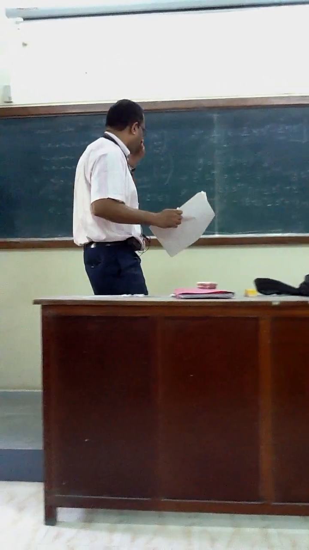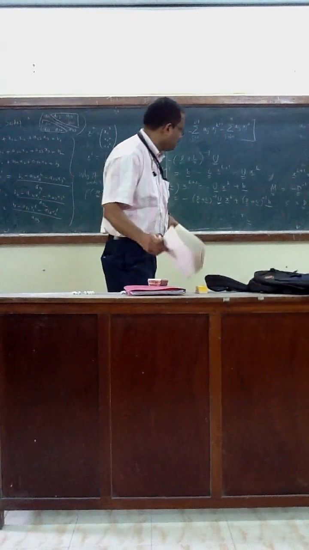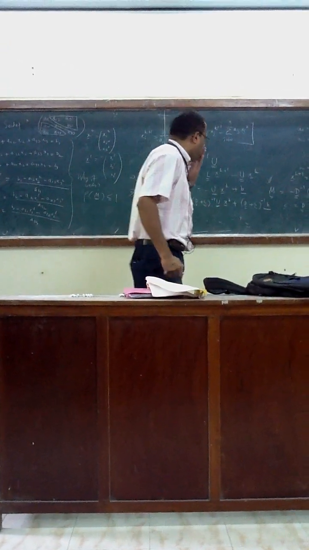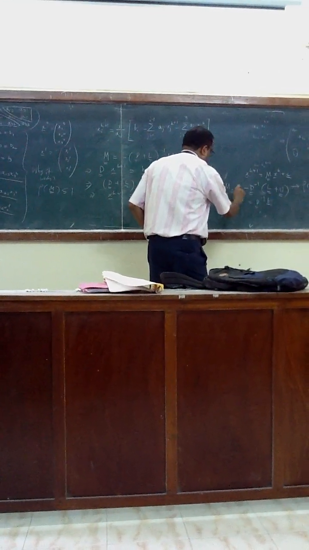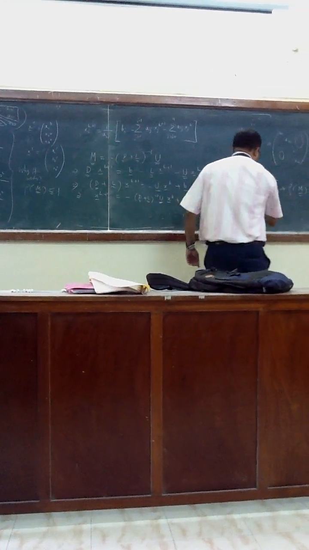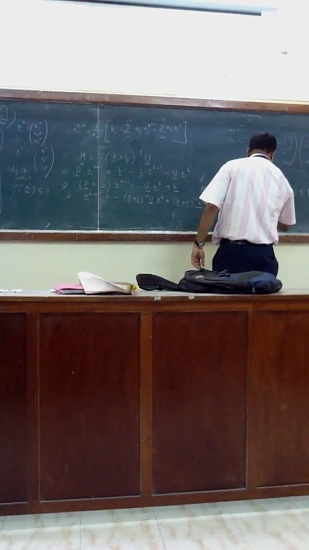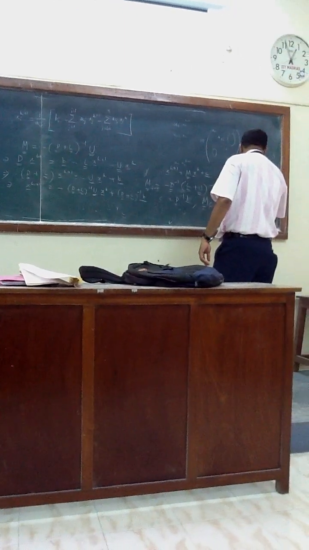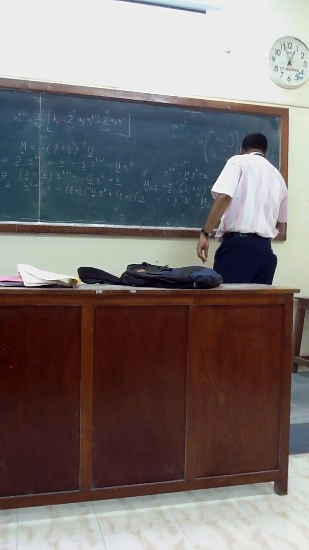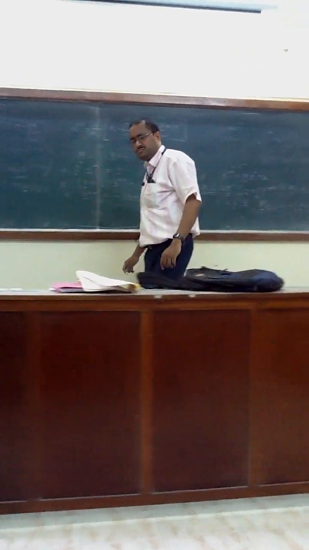Okay. Now, this A matrix is for Gauss-Jacobi. Right? Gauss-Seidel M matrix is minus D plus L inverse U matrix. Right?